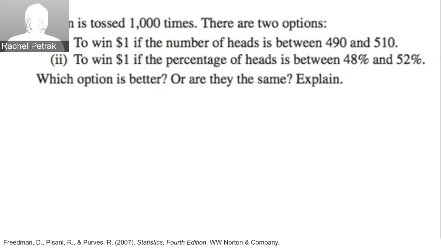Which option is better? Well, this is pretty clear that option 2 has got to be better, because you win if the number of heads is between 480 and 520. Oh, whoops.